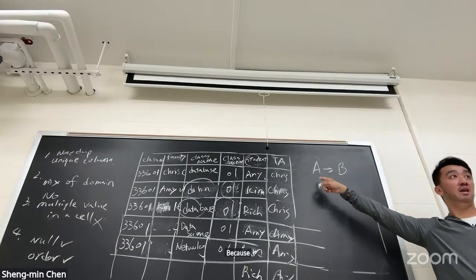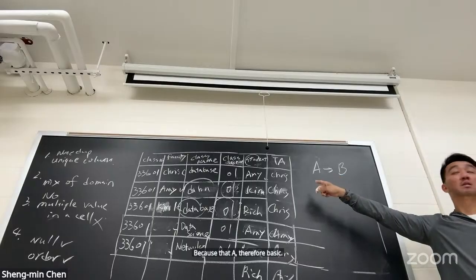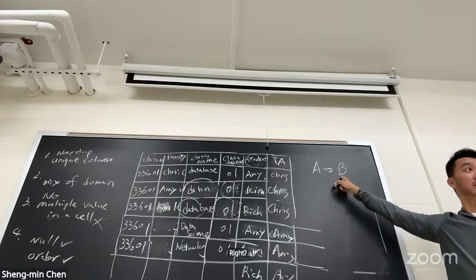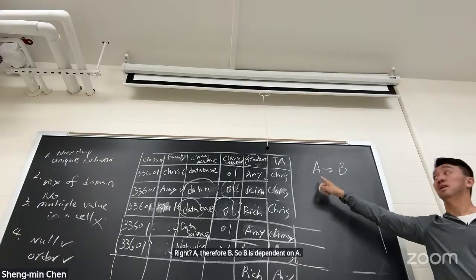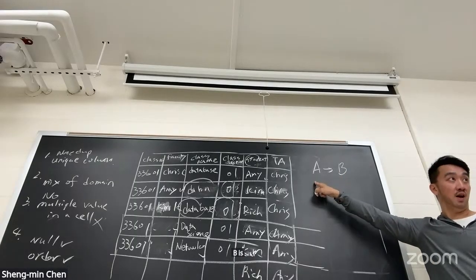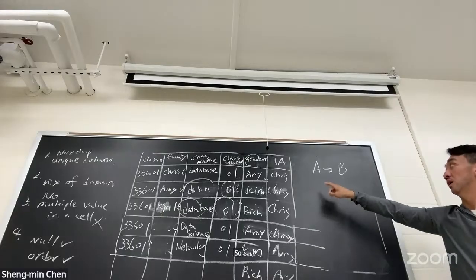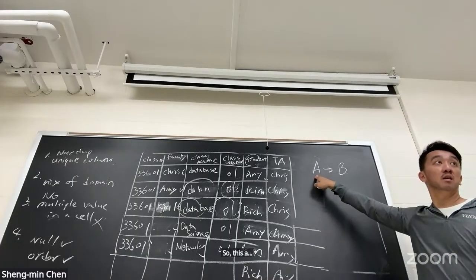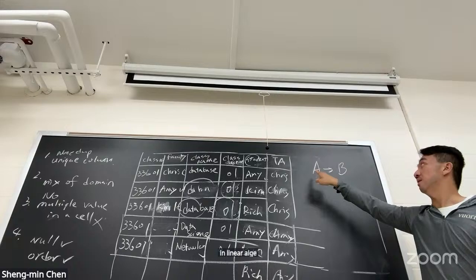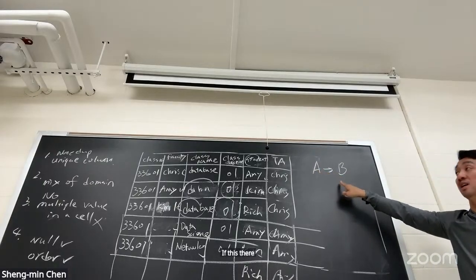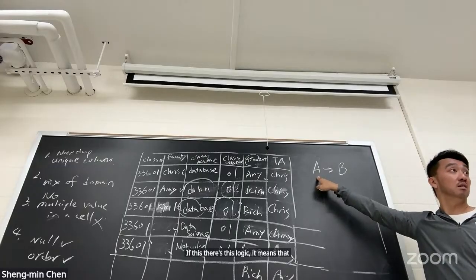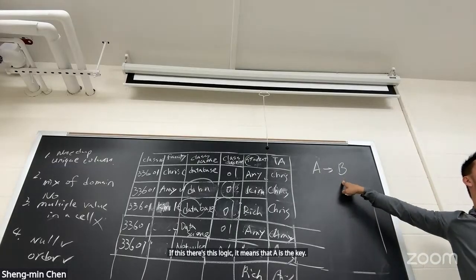Because of A, therefore B, right? A, therefore B. So B is dependent on A, right? So this A, in linear algebra, means that if there's this logic, it means that A is the key. B is the non-key.